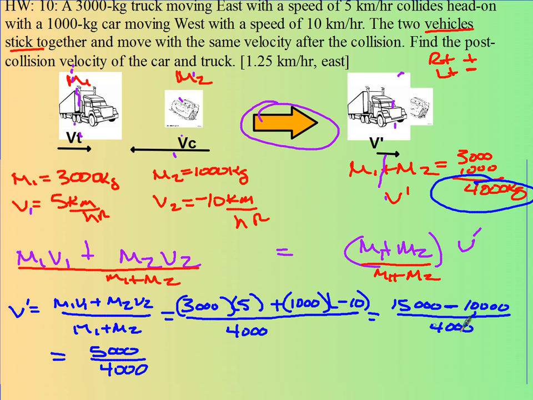Always do any addition or subtraction in your numerator or denominator before you do any division. So I wind up with 1.25 kilometers per hour. So basically, the poor little car is going to be pushed back at 1.5 kilometers per hour.